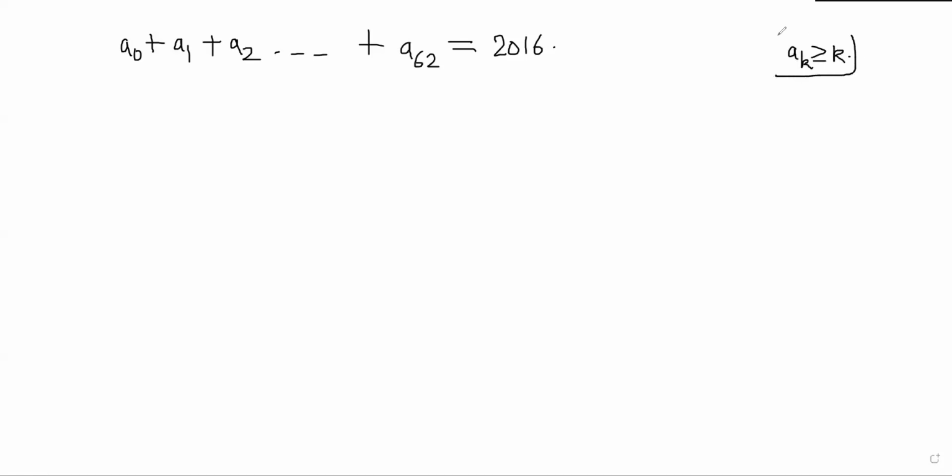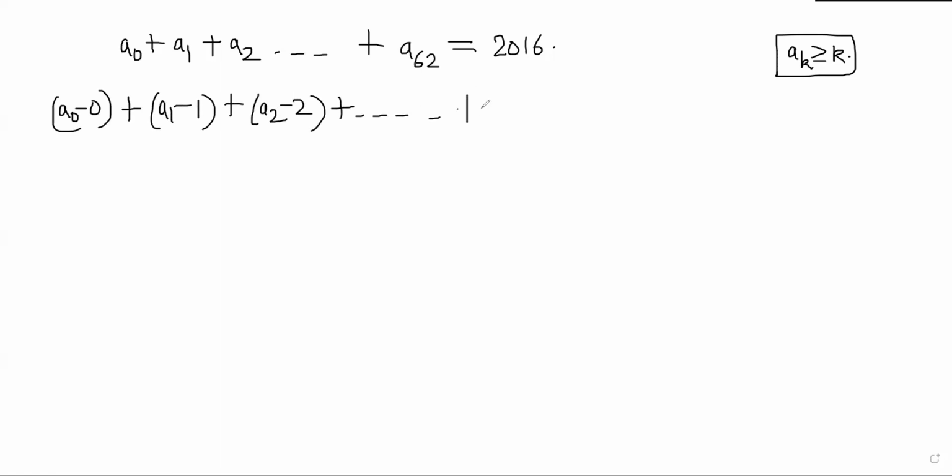So basically I will show you what is happening. The first relation is A naught plus A1 plus A2 till A62 is equal to 2016, and it has been given AK is greater than or equal to K. Because the other expression has roots, we will write A naught minus 0 plus A1 minus 1 plus A2 minus 2, all of these terms like this.